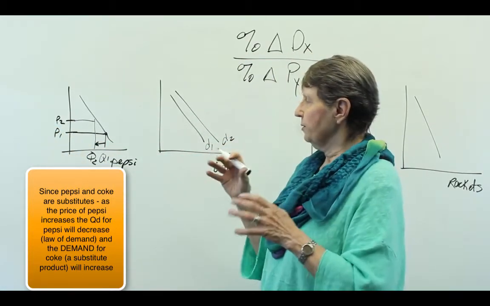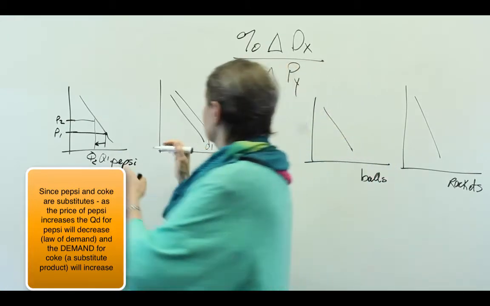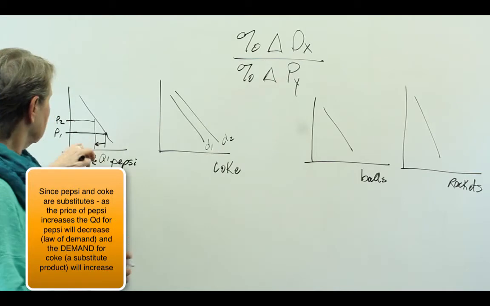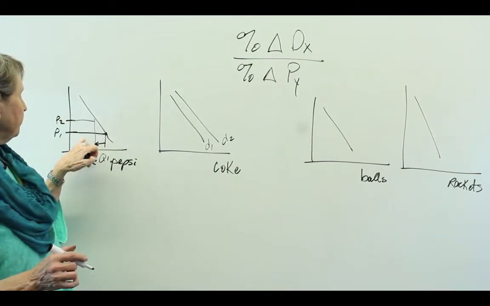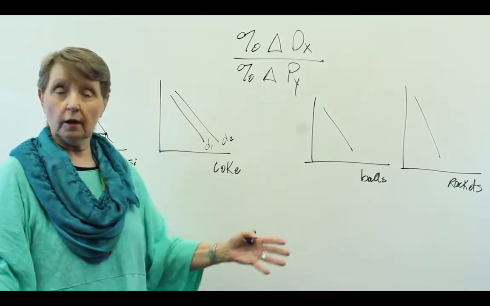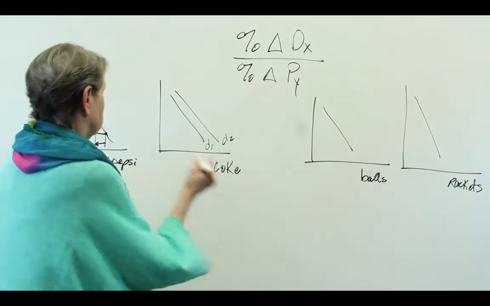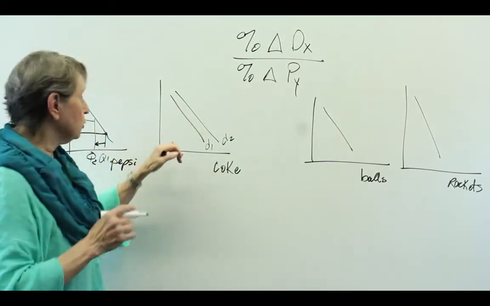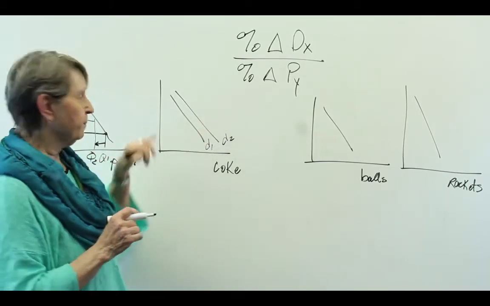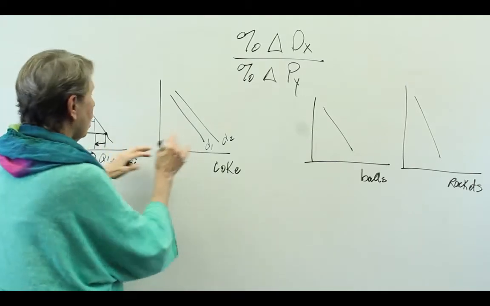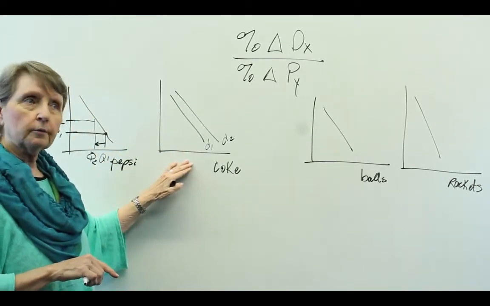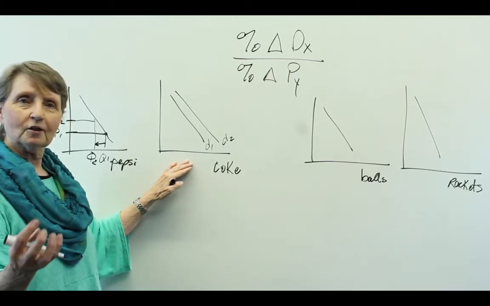And what's important here to remember is it doesn't matter what the price of Coke was originally. If Pepsi went up from 50 cents to $1 and Coke was $1 to start with, you're still going to see people move to the Coke market because when Pepsi was 50 cents and Coke was $1, Coke was twice as expensive as Pepsi.